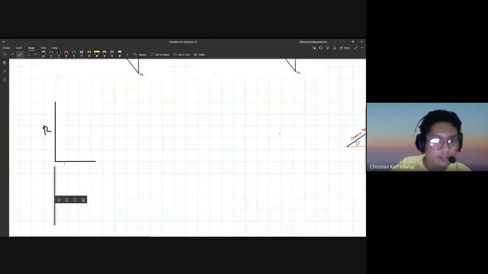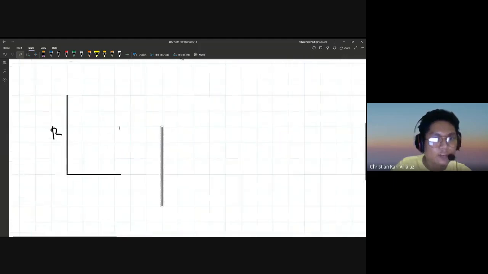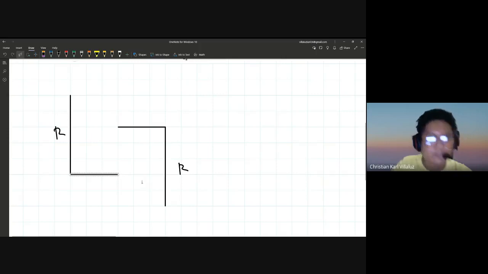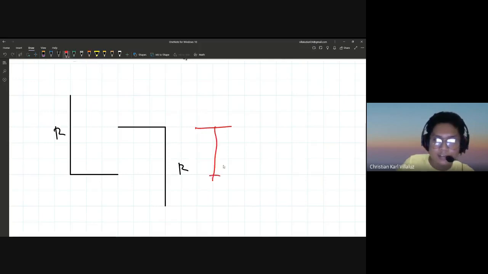I-copy ko siya. Like this. So, ito yung dalawang radius. Ito yung radius ng pangalawa. So, syempre may equivalent tangent siya dito. Diba? Equivalent tangent siya. So, adjust natin to. Yan. So, sinabi doon, mayroon siyang given na parallel distance na 10 meters. Okay?